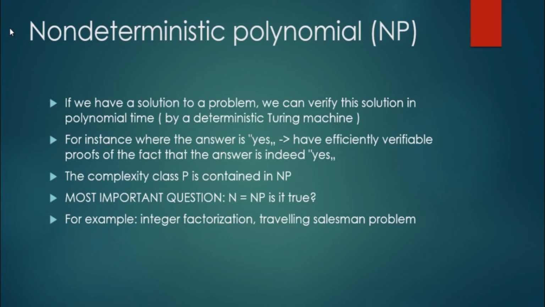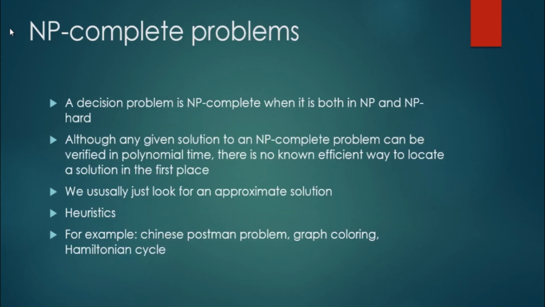If we find the solution, it's very easy to verify, because we just have to multiply the two numbers. It can be done in polynomial time, but if we don't know the answer and are looking for it, it's very hard. And the RSA code, if you are familiar with these kinds of topics, typically relies on NP hard problems. And the traveling salesman problem is an NP hard problem.